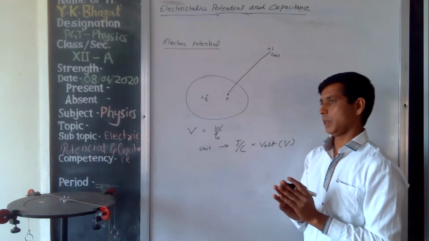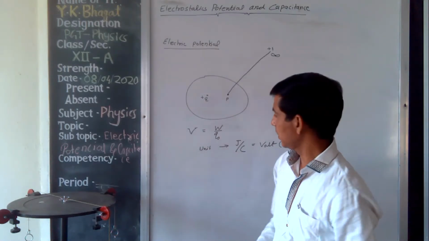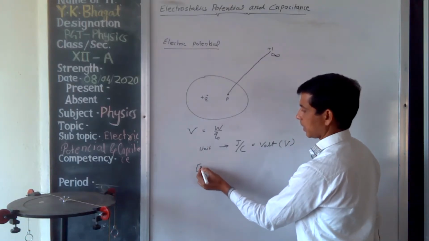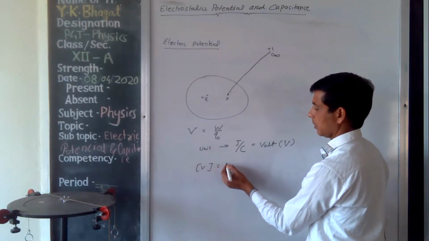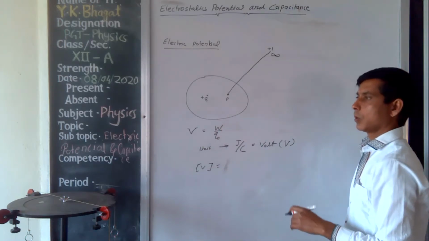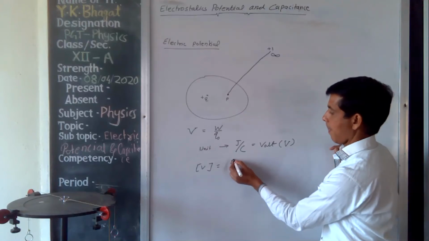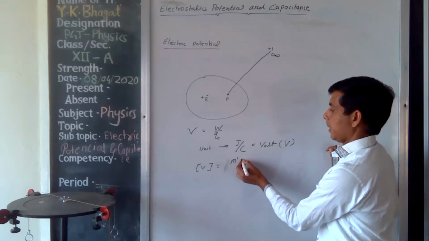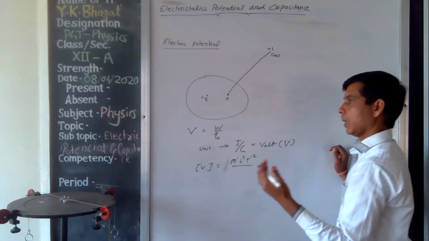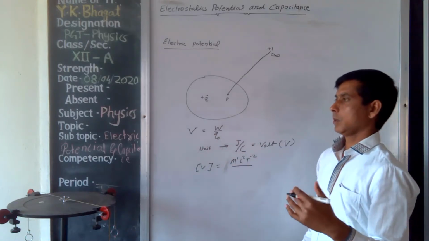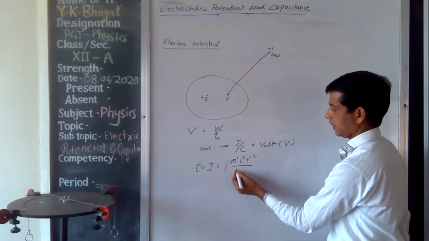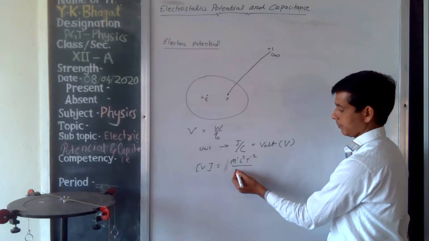And you can also find the dimension of electric potential. How? The dimension of V will be equal to the dimension of W divided by the dimension of charge. The dimension of work is M1 L2 T minus 2, and charge is a derived quantity, Q equal to I T, current into time.